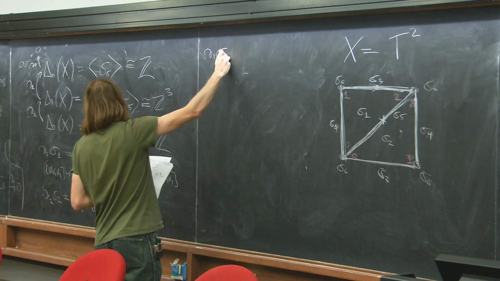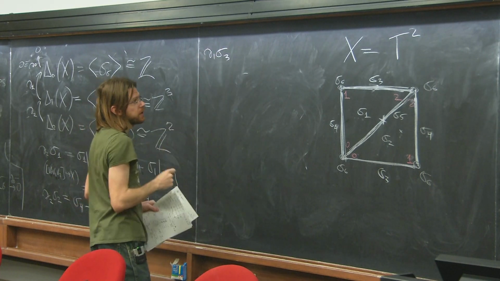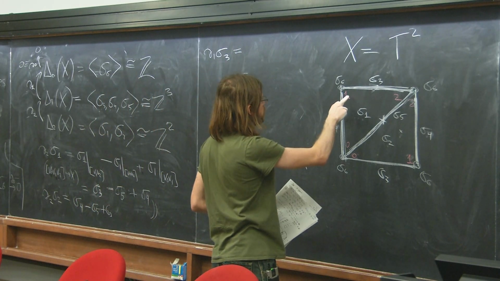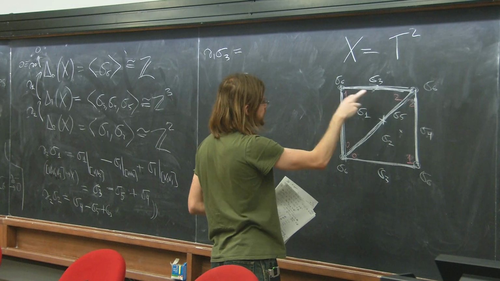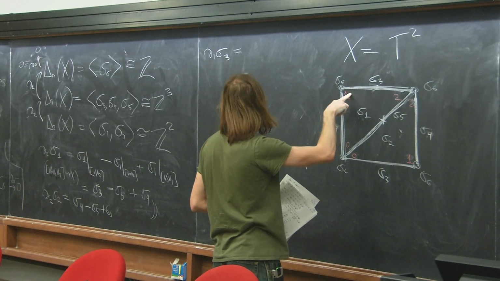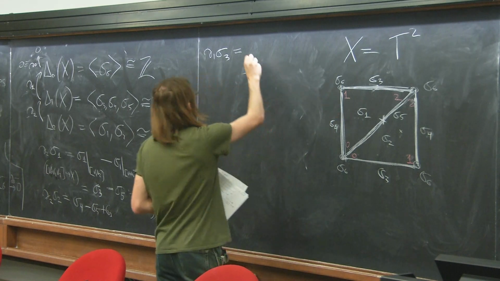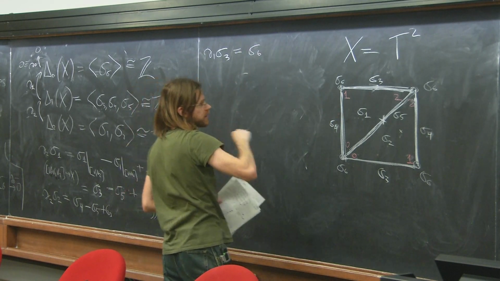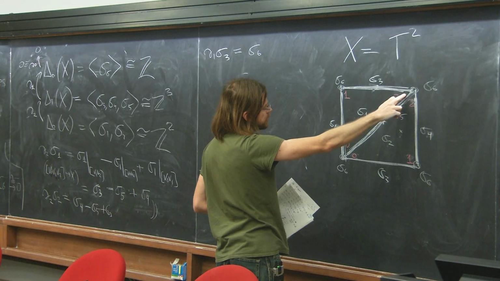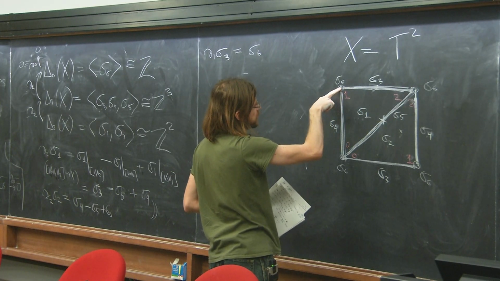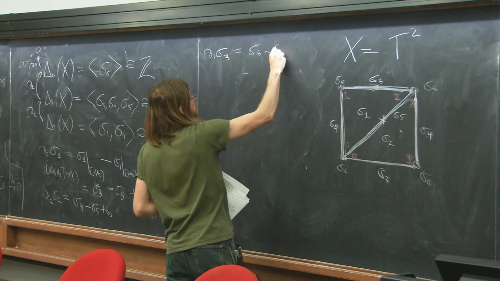D1 on sigma 3: there will be two terms. First, I remove this vertex here, and I get sigma 6 with plus sign, and then I remove this vertex here, and I get sigma 6 with minus sign.